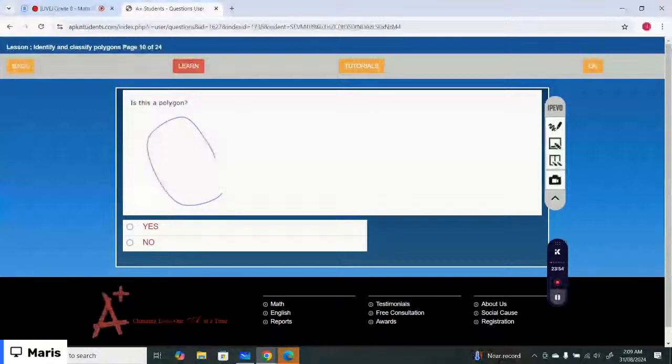Is this a polygon, which is the correct option? The correct option is no, this is not a polygon.